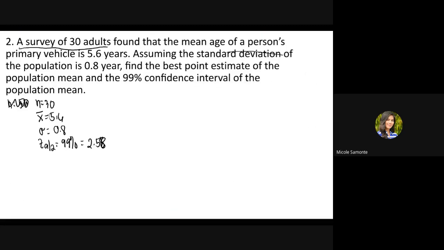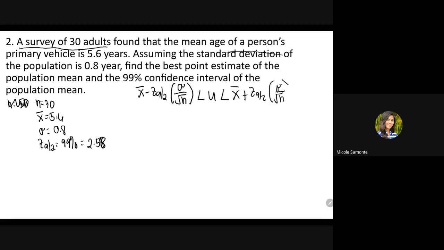Okay, ang ginamit ko ay z-test kasi meron akong population standard deviation. I-plot mo lang yan sa given: sample mean minus z alpha over 2 times the population standard deviation all over the square root of the sample size, less than the population mean, less than the sample mean plus the z alpha over 2 times the population standard deviation over the square root of the sample size.